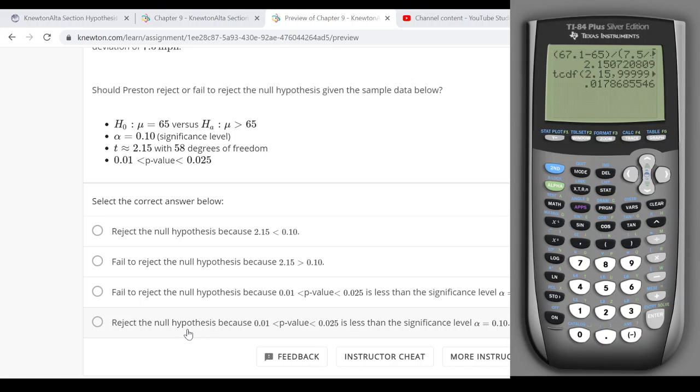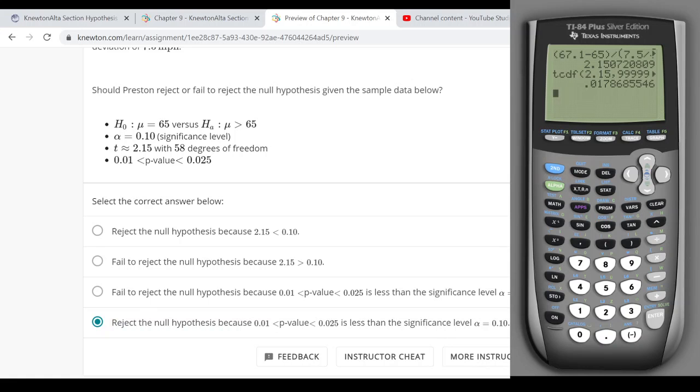The reason we are rejecting the null hypothesis is because the p-value is less than or equal to the significance level, not this first reason. This first one doesn't even make sense, saying that 2.15 is less than 0.1. That's not even true anyway. Whether you reject the null or fail to reject the null in the p-value approach has everything to do with how you compare the p-value to alpha.